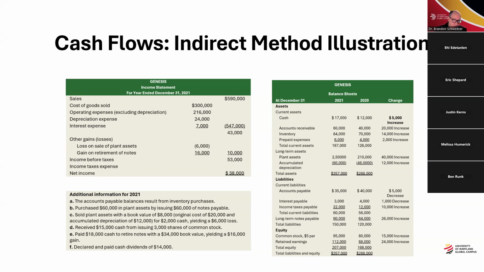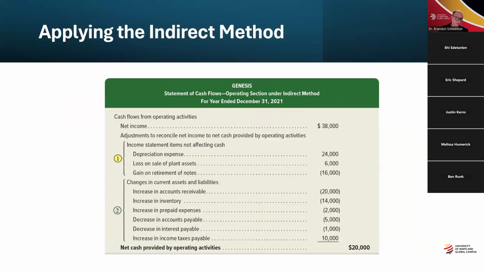It's computed, of course, using all of this information. The good news is you don't have to do that part. I just wanted to show you what it looks like.